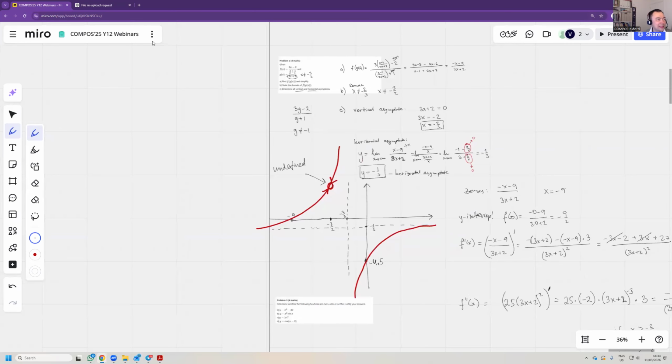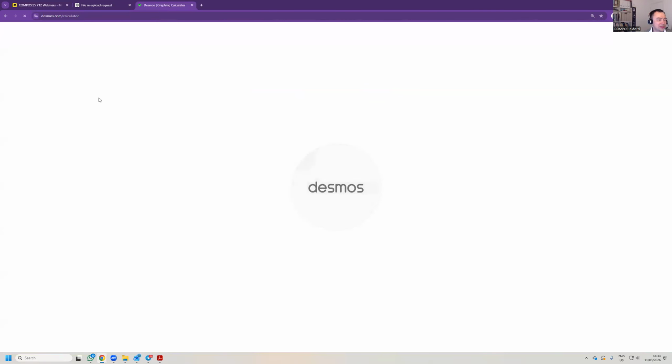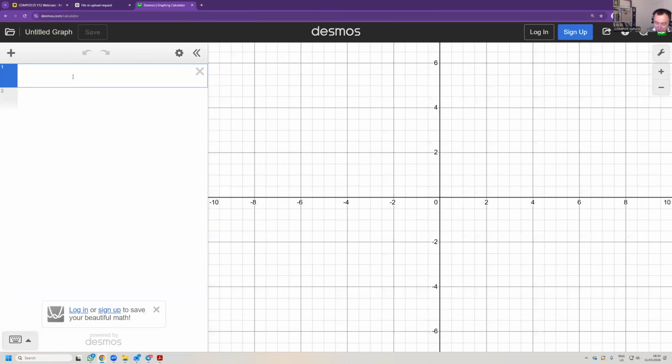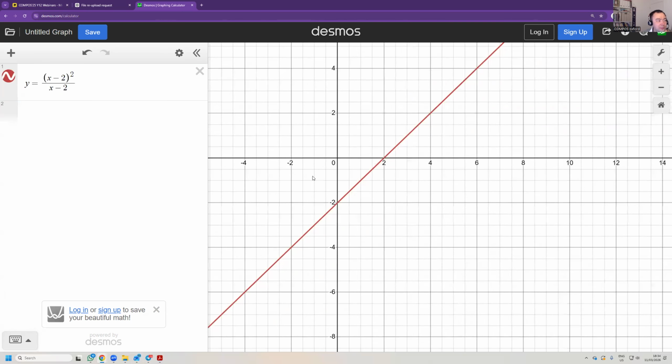You can see that happening. Like, look, if you take Desmos and draw a function, something like y equals (x minus 2) squared divided by x minus 2, it seems like it's a straight line.